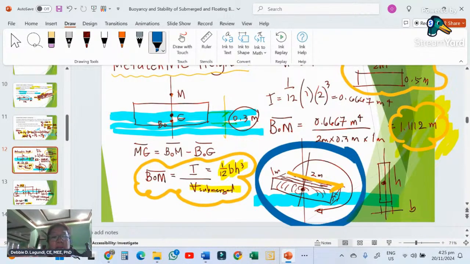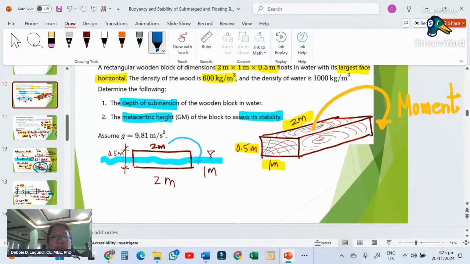When the block tilts, as I said a while ago in this illustration, it tilts on its 1 meter length or 1 meter width.